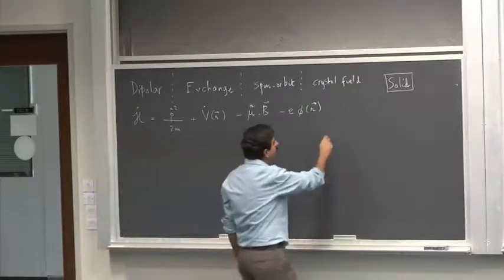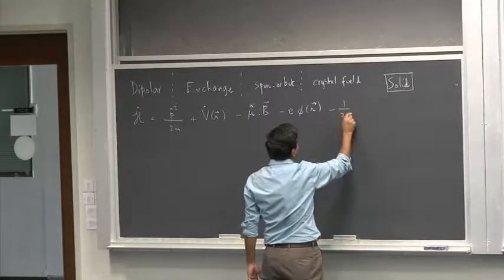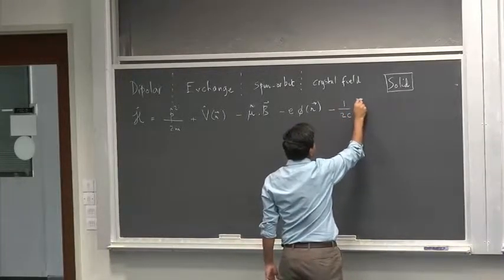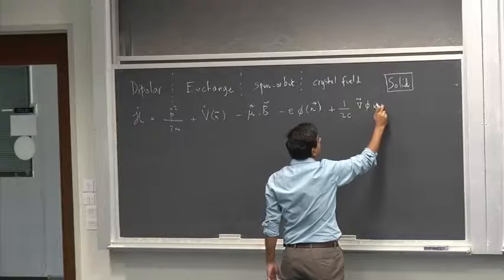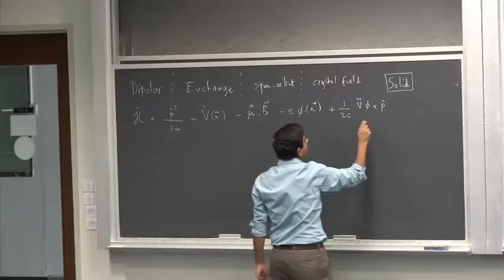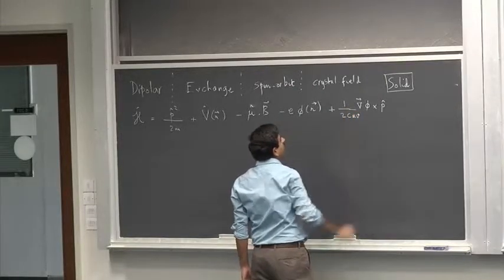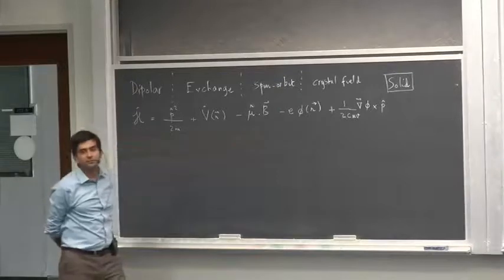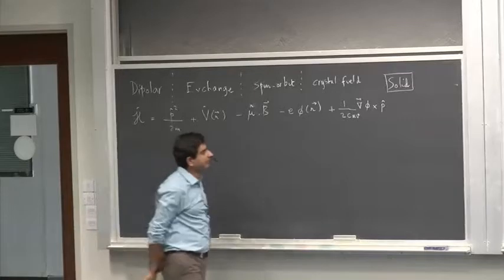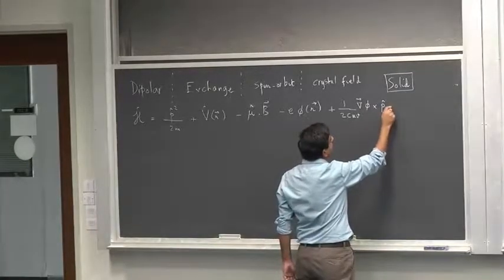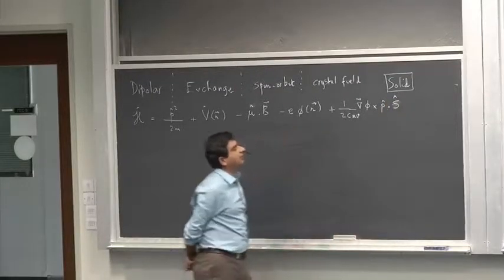And if we include a term for the spin-orbit interaction, we get 1 over 2c E cross v, which is del phi. This becomes plus, crossed with the momentum mv, interacting with the spin S of the electron.